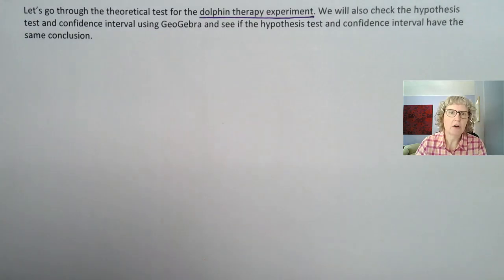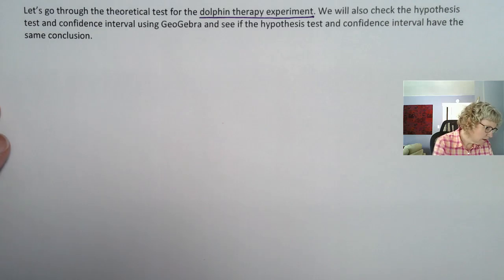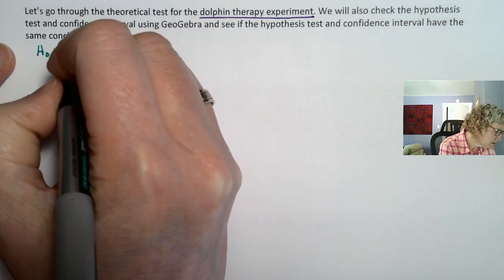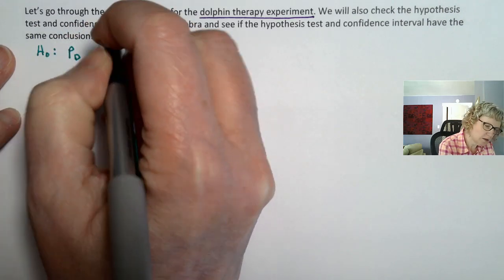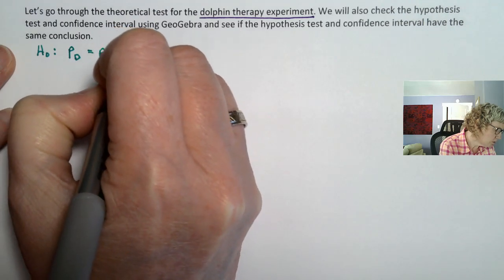I'm going to write them out using the word control now instead of the letter C, because now we know we need C for combined. So I'm going to rewrite our hypotheses here. So the null, H naught, P sub D for dolphin is equal to P sub control.